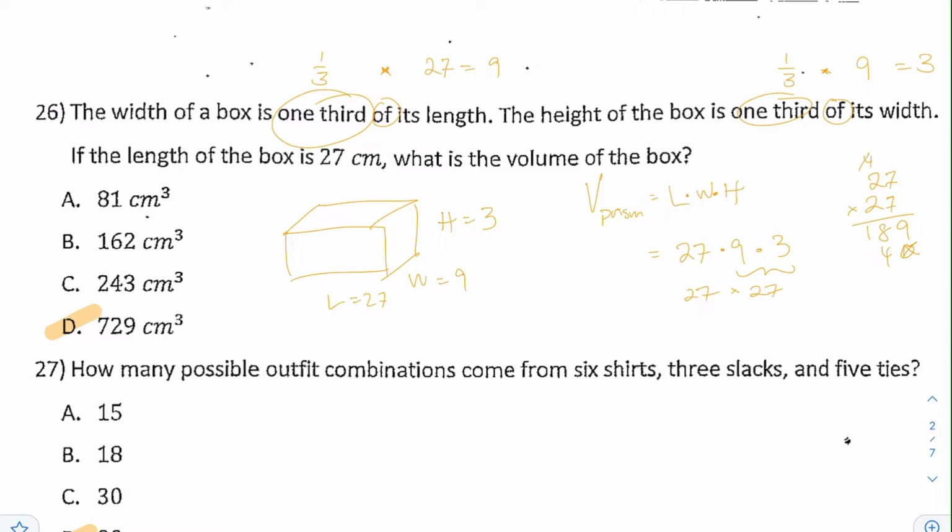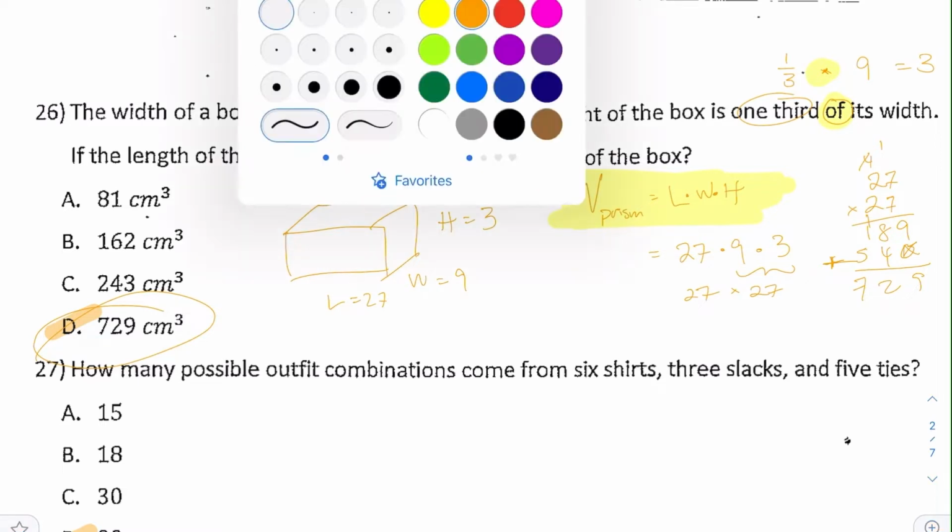So when you multiply through, you get 729, which is choice D. So you have to use the formula for the volume of a prism, which is LWH, and you use the keywords of, which means multiply, to figure out the length, the width, and the height.